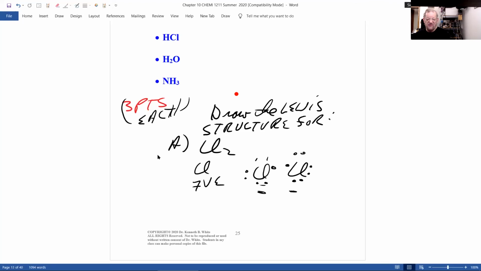Now, the electrons all around that are pairs, those are non-bonding electrons. And this is how you draw the Lewis structure for chlorine gas.